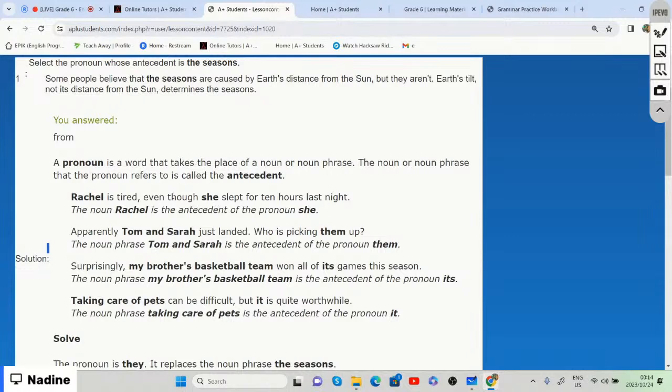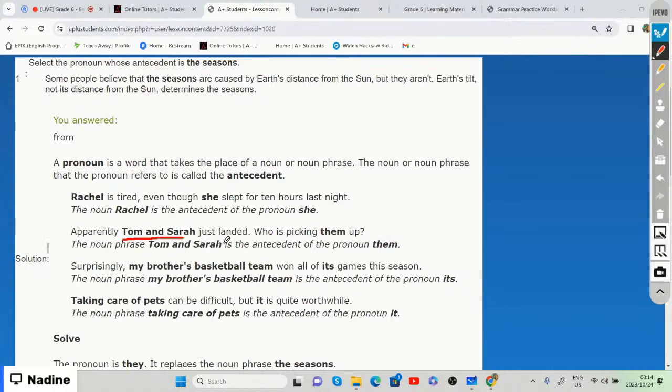Another example is apparently Tom and Sarah just landed. Who is picking them up? So, them is our pronoun. Because, like I said, instead of saying apparently Tom and Sarah just landed, who is picking Tom and Sarah up?